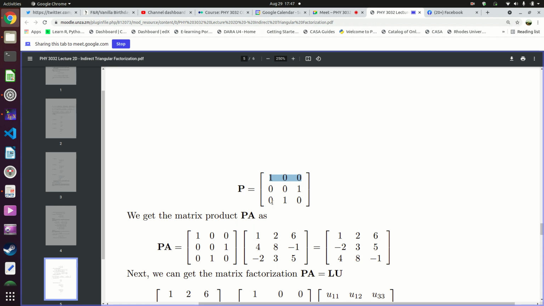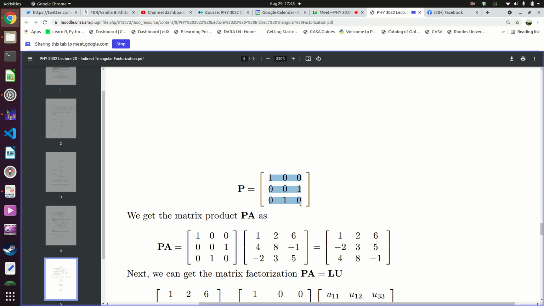So what I do is interchange the second row and third row of the identity matrix. Then I obtain this permutation matrix.